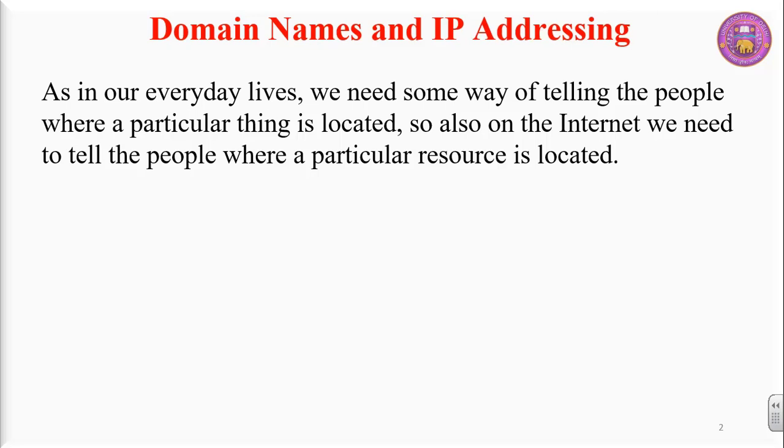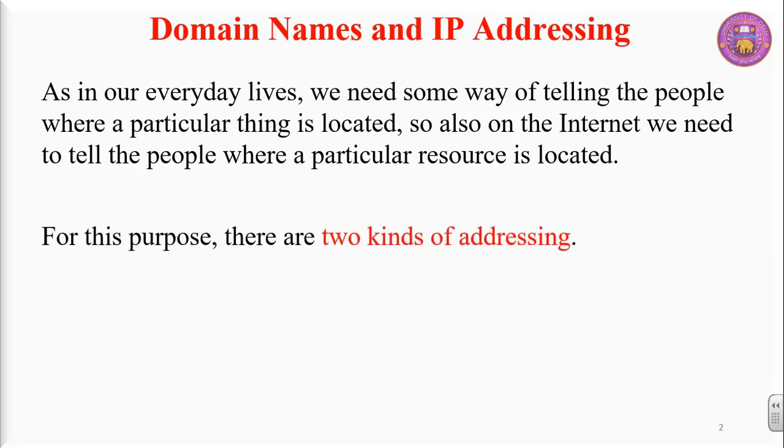When we talk about resource, it means some document, some article, some website, some web page. All these terms refer to resource. Resource can be in the form of a website, it can be in the form of a web page, or it can be in the form of a document, etc. For this purpose, there are two kinds of addressing.